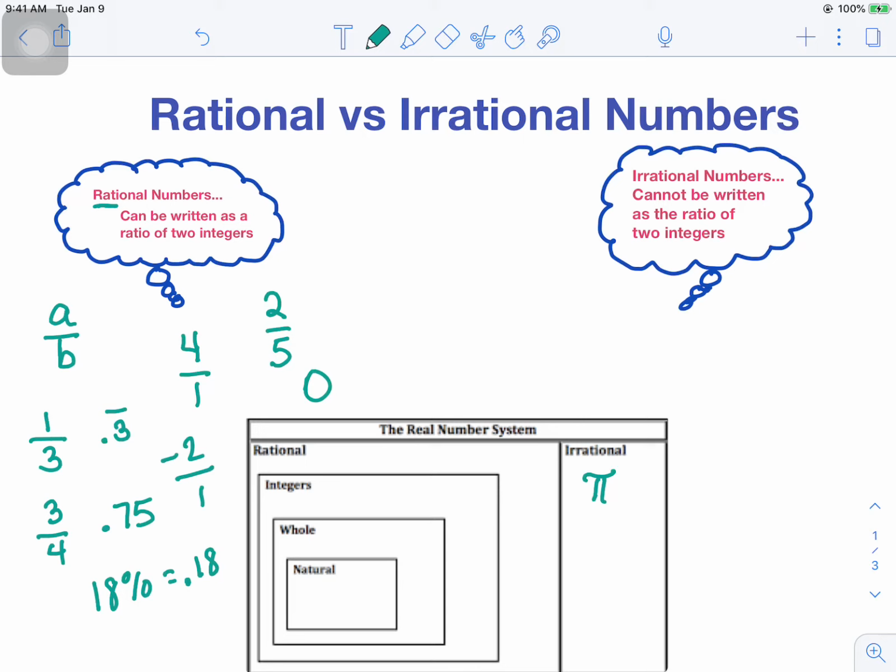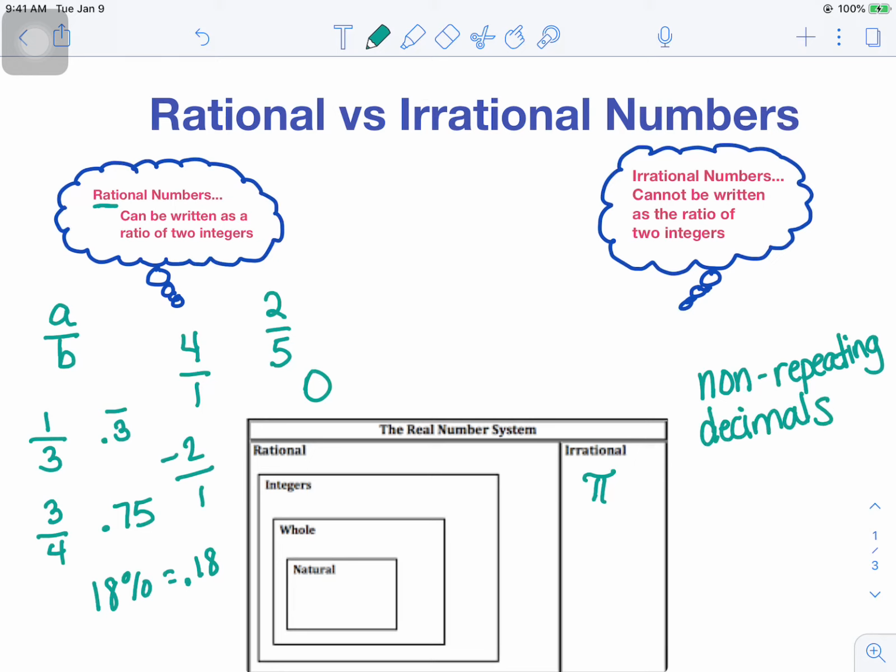So this would be something like non-repeating decimals. So if we have something that goes like 0.321328, it just keeps going. There's no pattern to it. So non-repeating decimals.